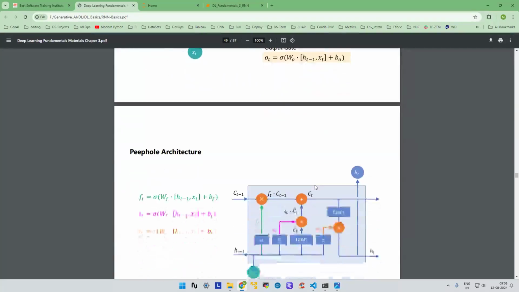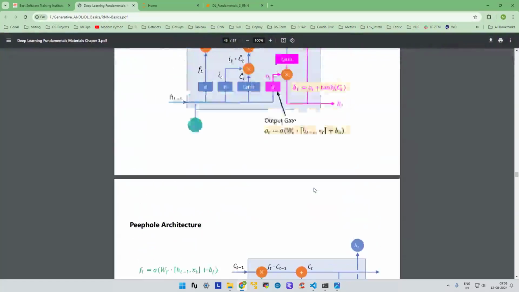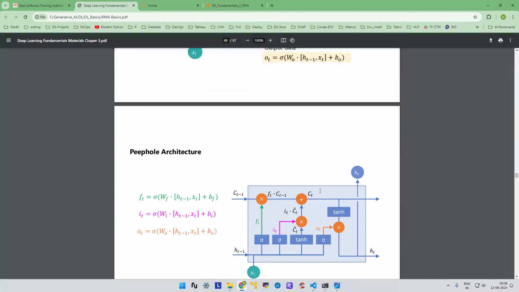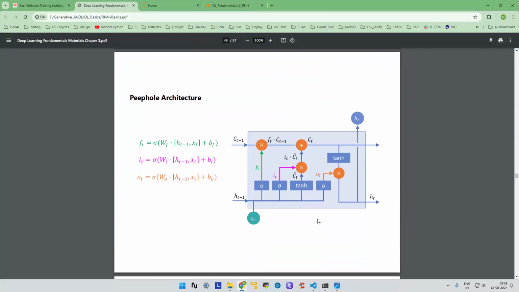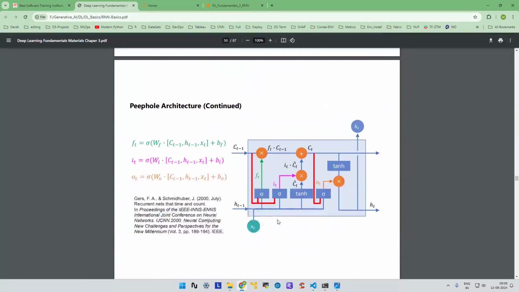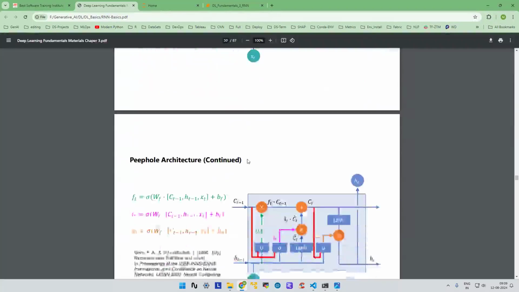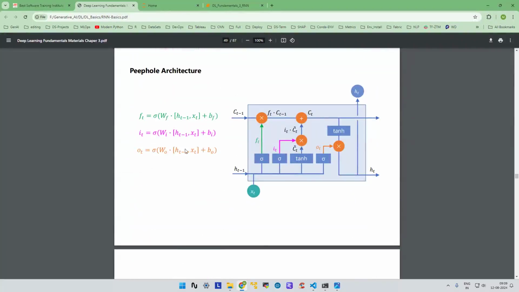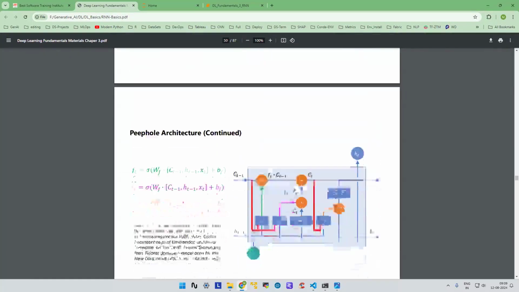So there is one slight change to the same LSTM, but it is not widely used. Earlier, in the original LSTM, we used to consider only HT minus 1. Whereas in the peephole architecture, there is a slight change to the original one, so we have added even CT minus 1.